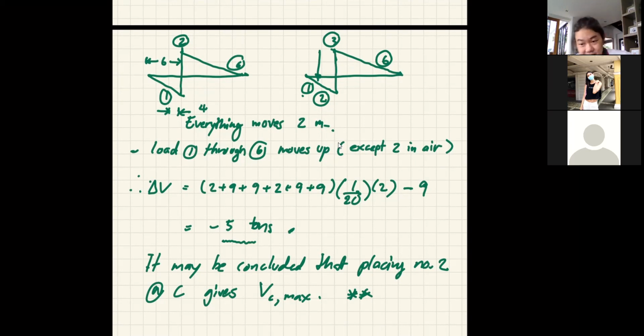So is there any question? Teacher, my not come from the load because load number 2, if we move load number 2 up, it's now in the air. Oh, okay, sir. Easier to do that, right? So it's not in fact difficult.